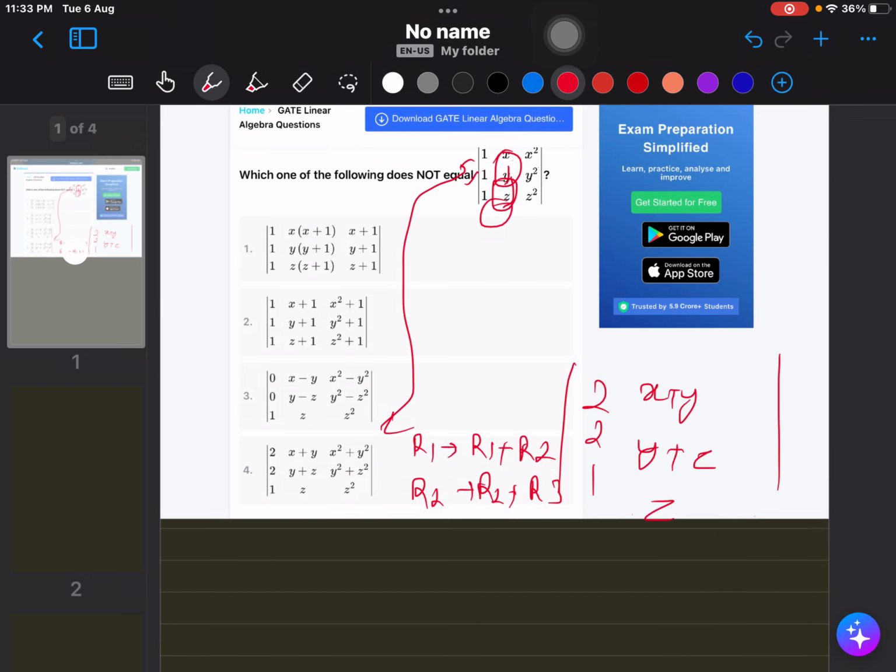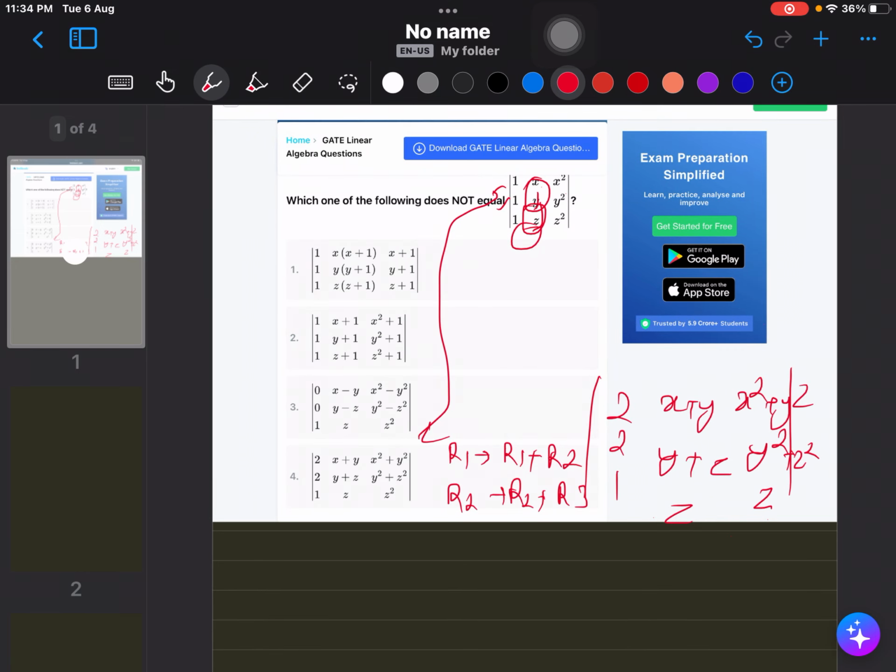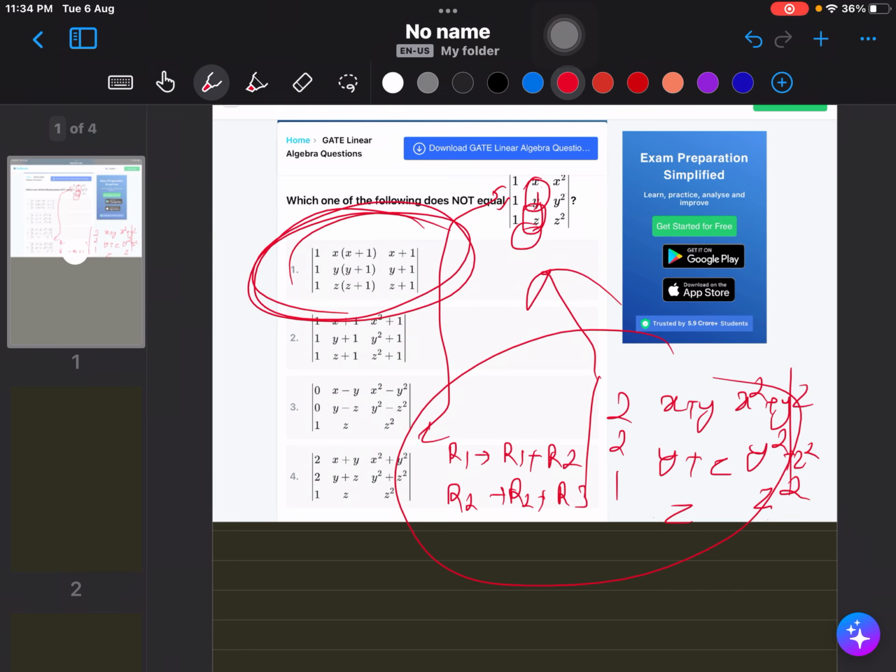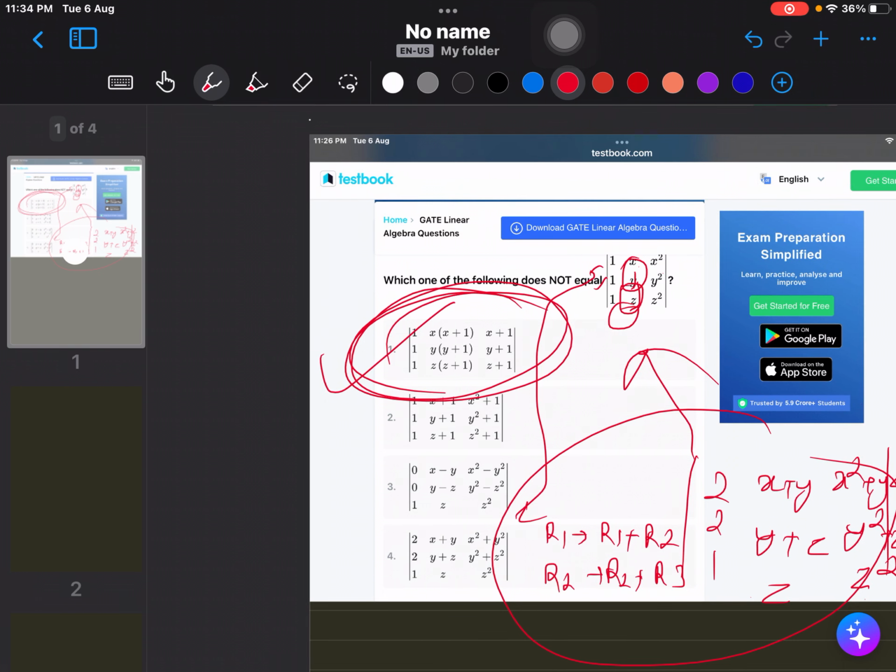Then we have x square plus y square, y square plus z square and z square. So this is also satisfying this equation. Okay, so option A is the right one, which is not satisfying. It will satisfy, but we are interchanging 2 rows and 2 columns at the same time, so this will give a negative value.